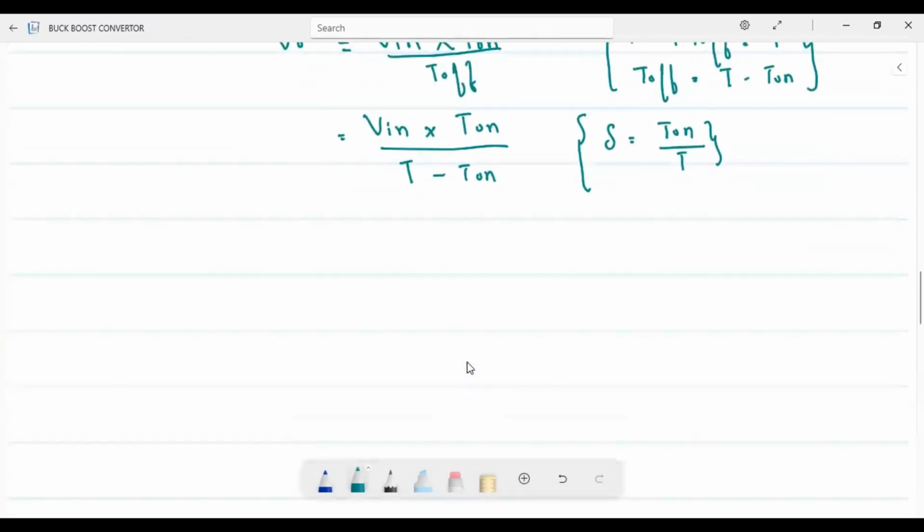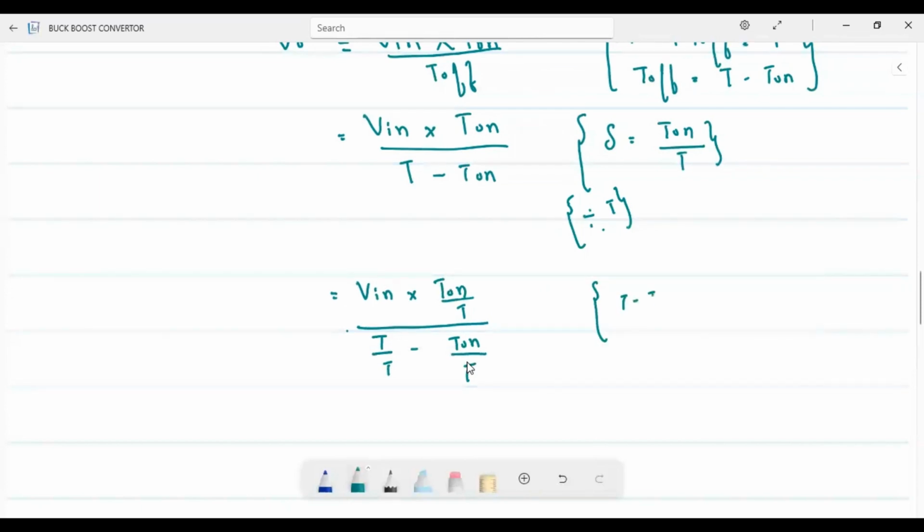So we can divide the numerator and denominator by T. We will get the equation as V input into T on by T, divided by T by T minus T on by T. That is T minus T on, the whole by T. This can be written as T by T minus T on by T. So T on by T is duty cycle.